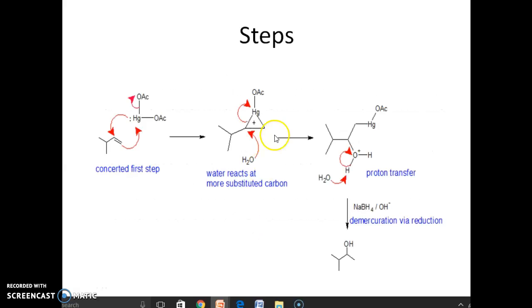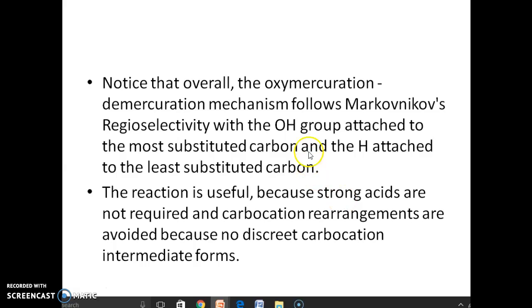Here you can see the OH group is attached to the more substituted carbon and H is attached to the less substituted carbon.